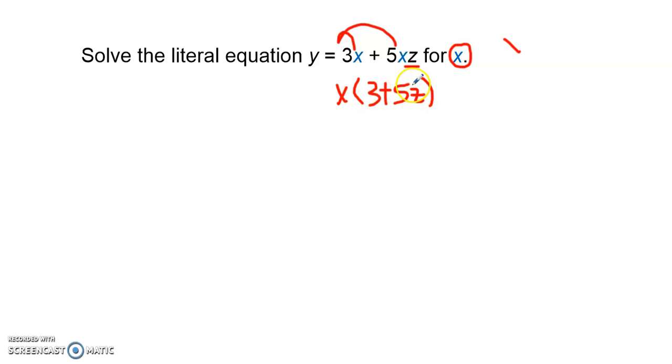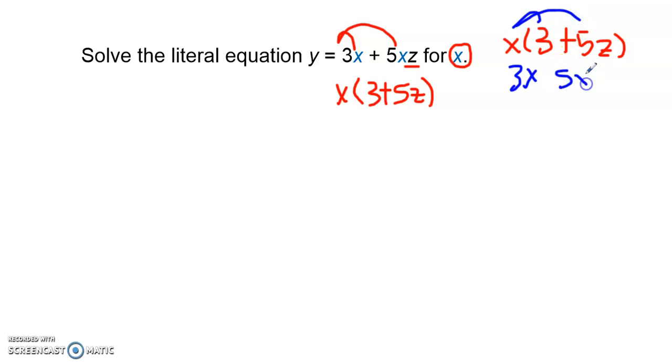And we know that we did it correctly because if we, let's write it up here, 3 plus 5z, if we distribute, that will give us 3x, and this one will give us 5xz, which is what we originally had. So we know that we did this correctly.